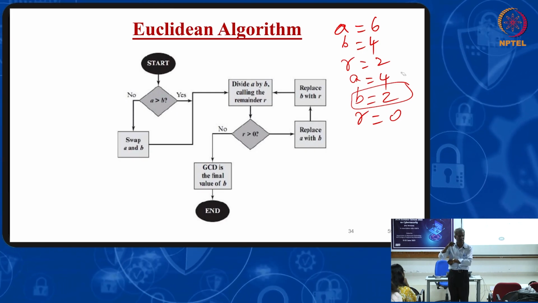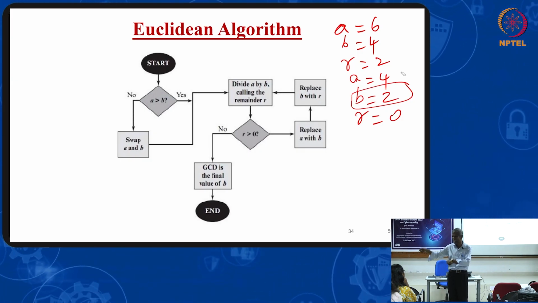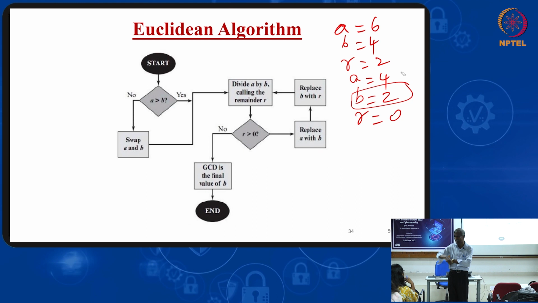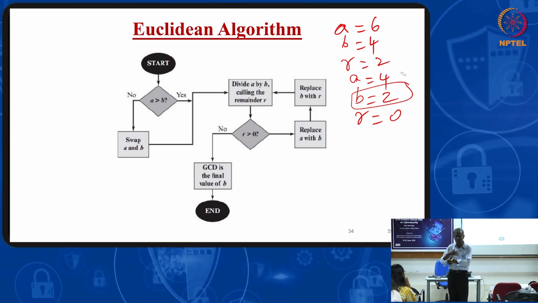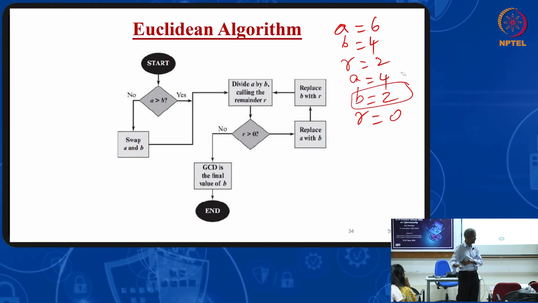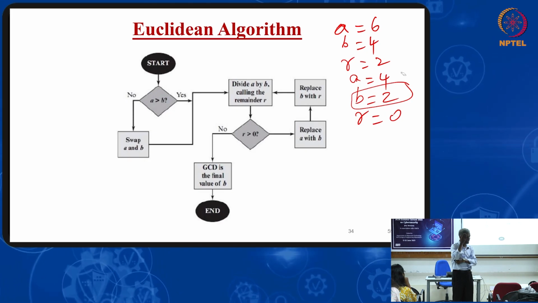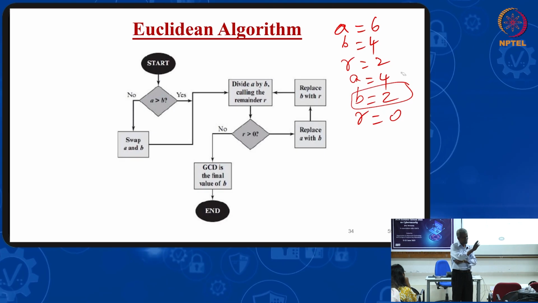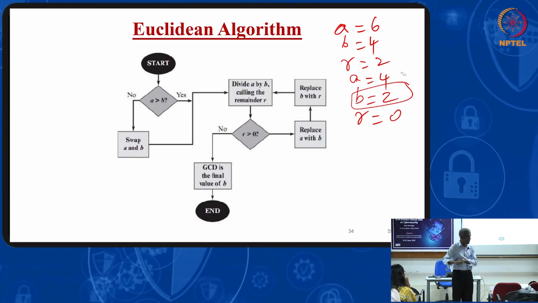You ask the child to put 5 rounds four times, and then count 20 rounds. That means repeated addition becomes multiplication. Repeated subtraction becomes division. So the Euclidean algorithm which I explained earlier was using subtraction. Now the same Euclidean algorithm is using division for doing the operations faster.